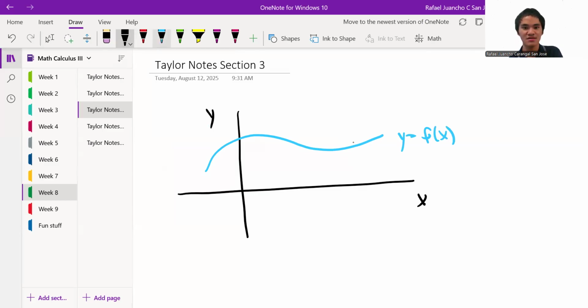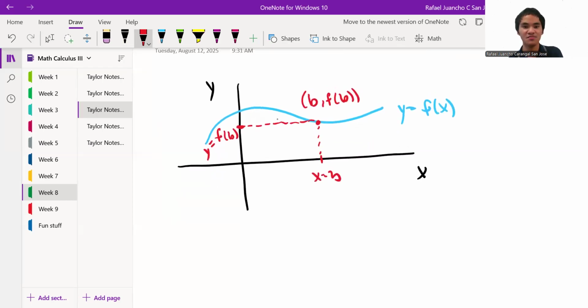And let's say we want to find the value of this thing here. This is x equals b. And so this is our function f of b, which is the same as y. And so here we have b, f of b as our ordered pair.